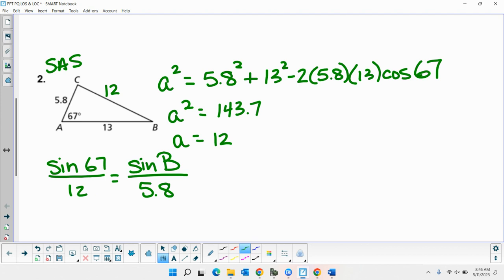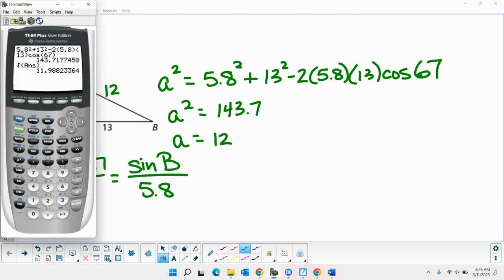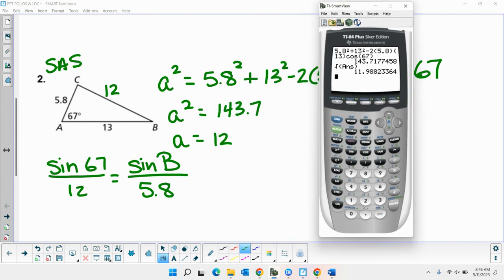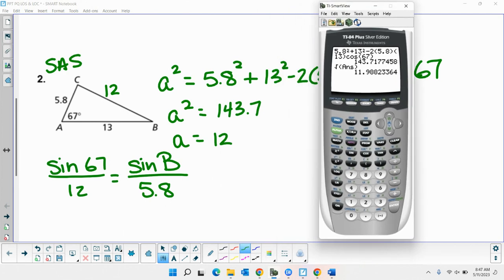Because side B is the smallest side, right? We understand that? Okay. So on this one, I'm going to go 5.8 sine of 67 divided by 12.